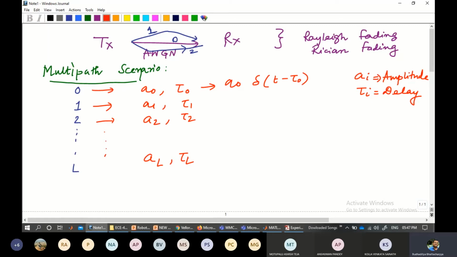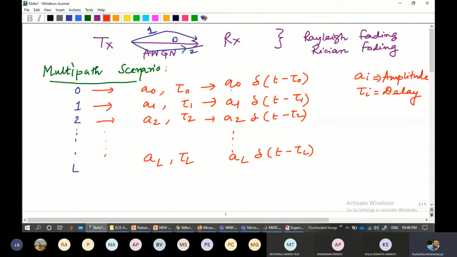Please follow carefully what I am trying to do. Similarly, this can be represented as A1 delta(t minus tau 1), A2 delta(t minus tau 2). This comes from the impulse response concept. So this is AL delta(t minus tau L). This is a representation, nothing more than that: we are representing it with an amplitude and the delay.